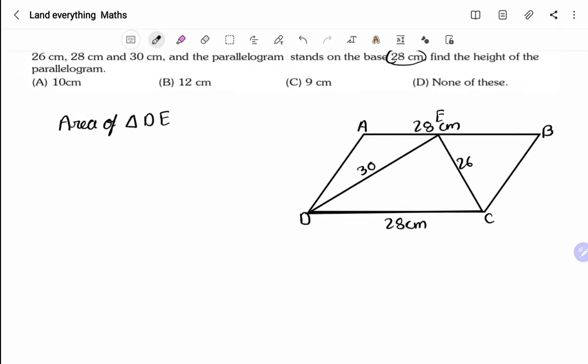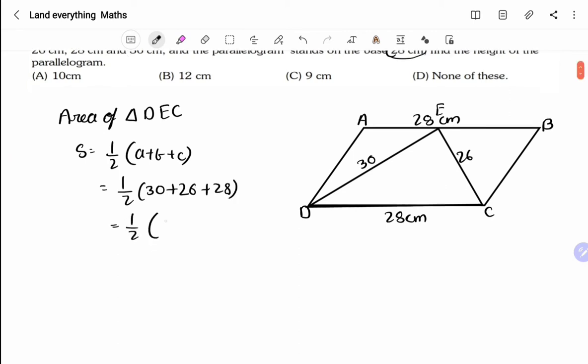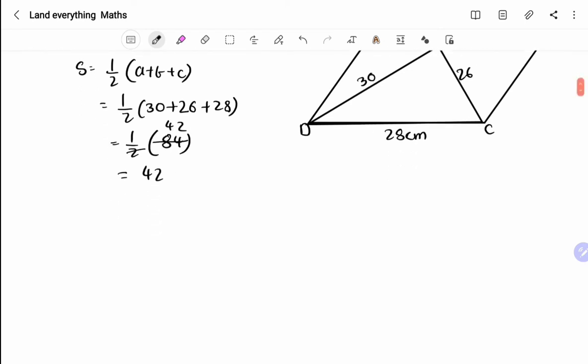As we know, in Heron's formula, first we should find the S. S is equal to 1 by 2 into A plus B plus C. That is 1 by 2 into 30 plus 26 plus 28, which is 1 by 2 into, if we add this, we will get 84. And by cancellation we get 42. 42 is equal to S.